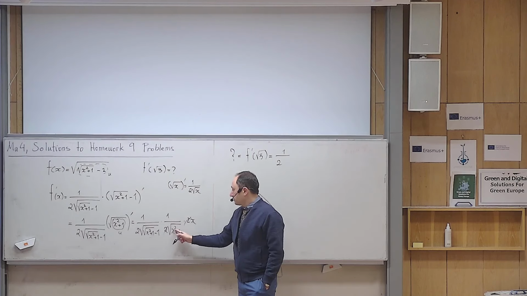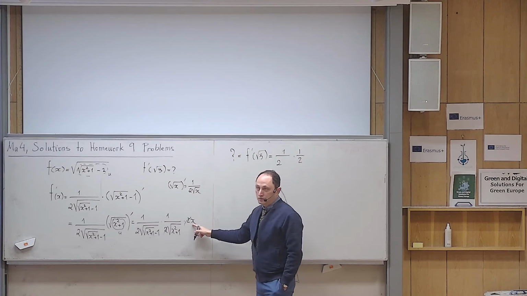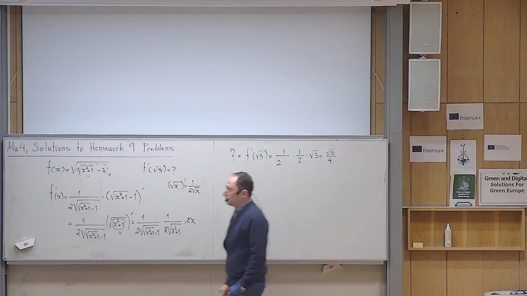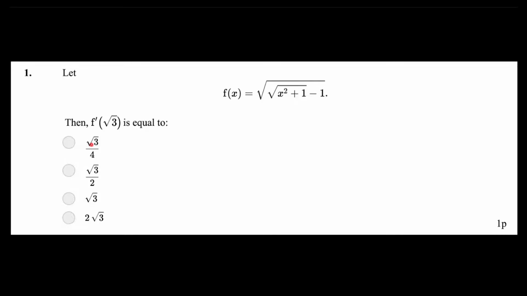Square root of 3 to power 2. 3 plus 1, 4. Square root 2. So it's 1 over 2. And then I have a square root of 3 here as well. So if we have done everything right, this should be in the options. Yes, it is. So here we choose this answer.